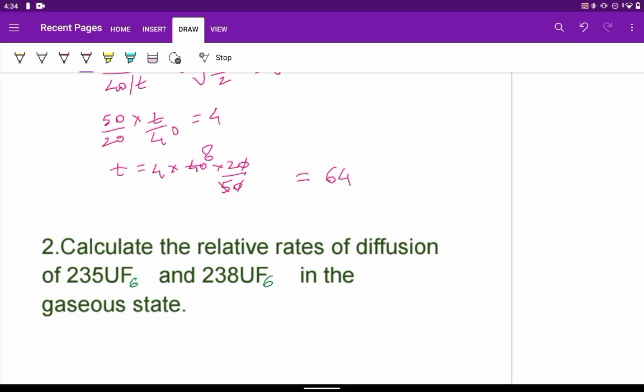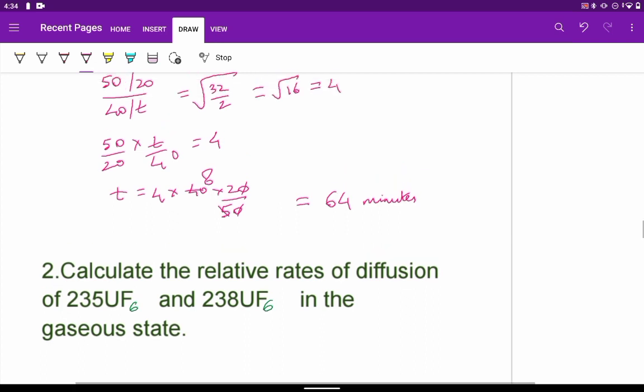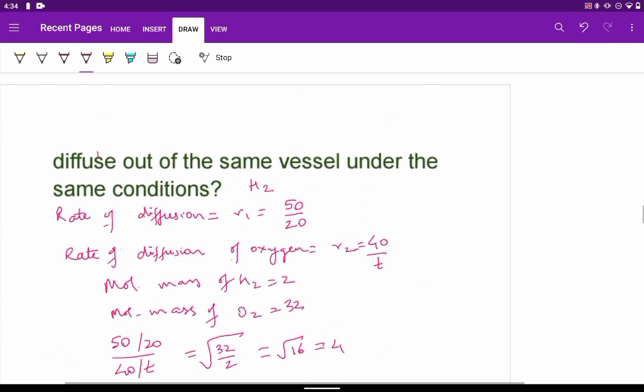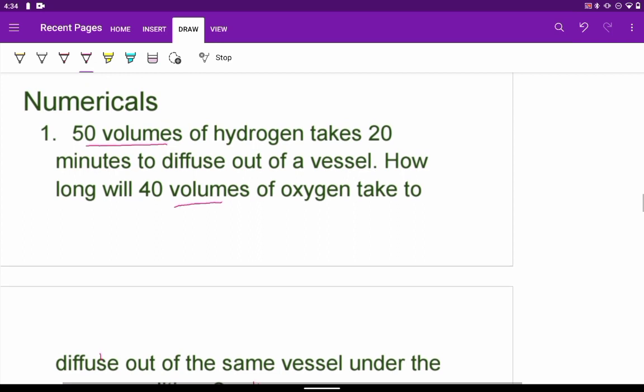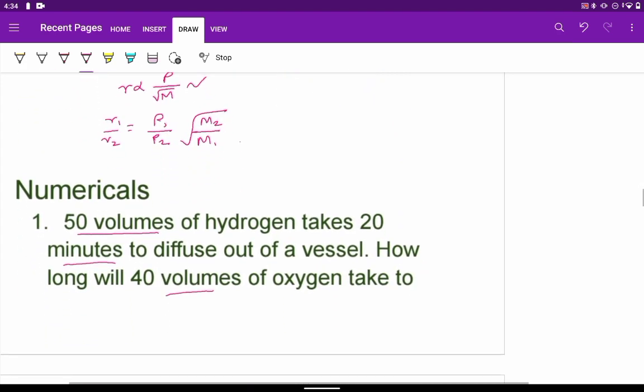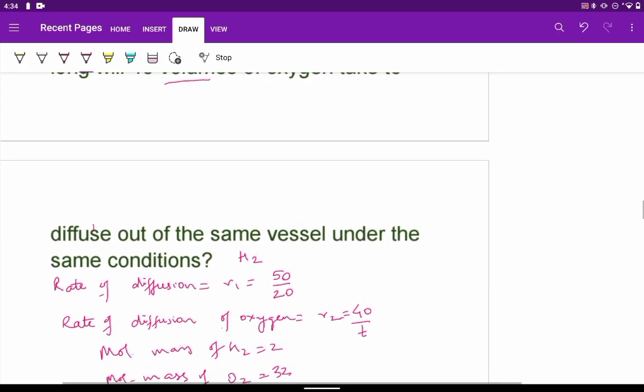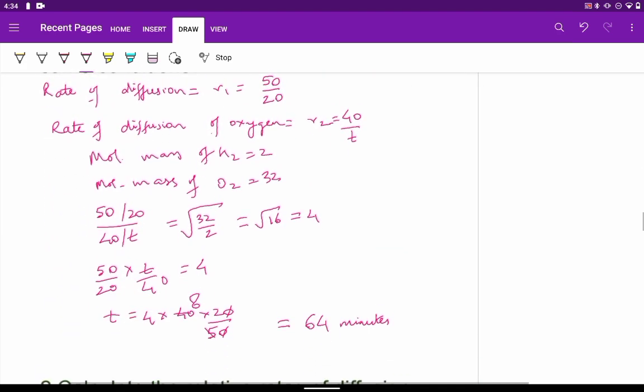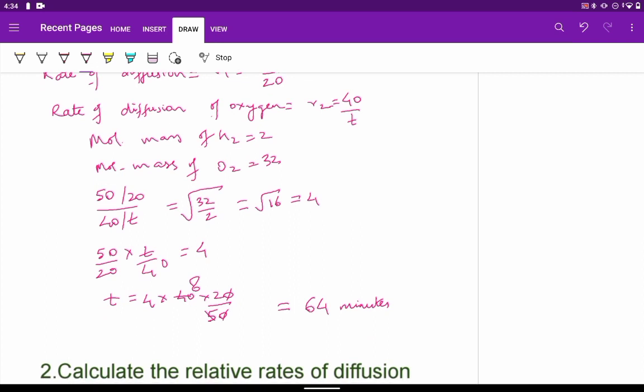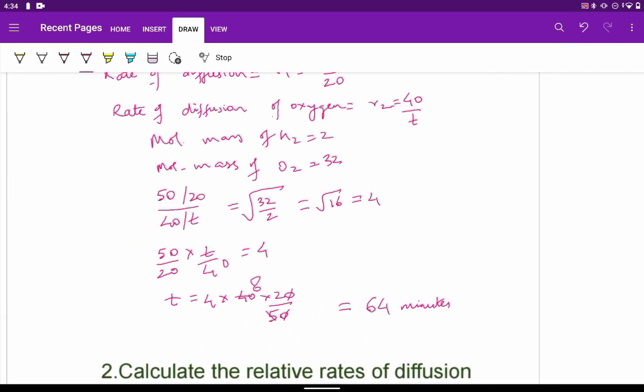The unit will be minutes, because you see in the question, it was given in minutes for hydrogen also, so the unit will be the same. So it is 64 minutes. So this should be the approach.